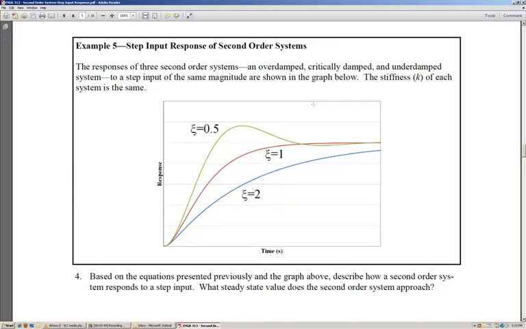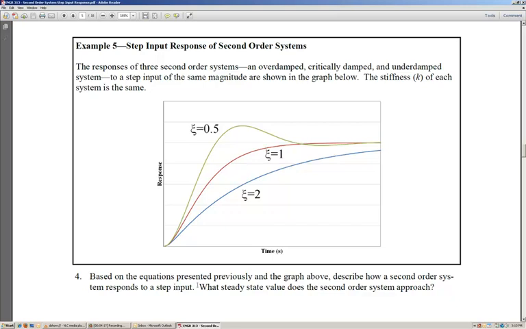So if we take a look at the general characteristics of second order system responses, here we have a system that has the same stiffness value, or the same k value, associated with it, but we have different ratios of the inertia term and the damping term. We have three different cases: an overdamped, a critically damped, and an underdamped system.